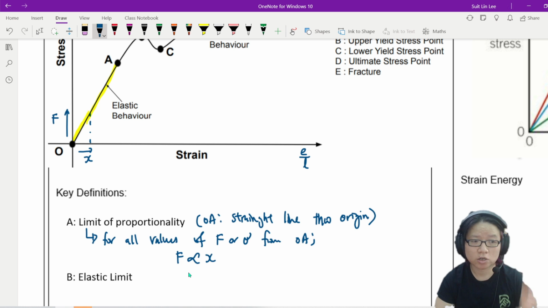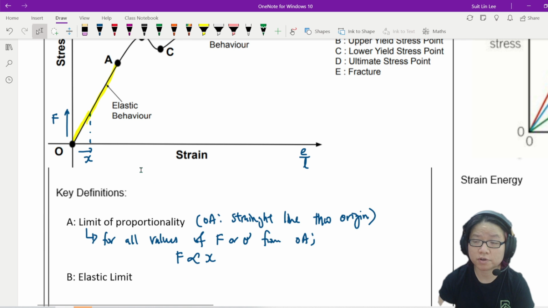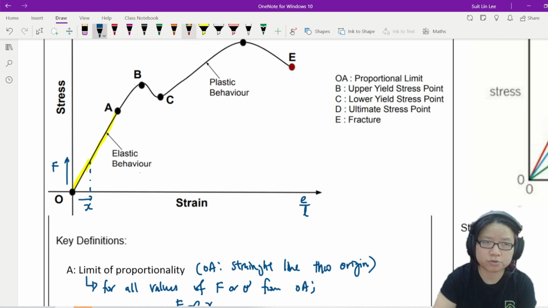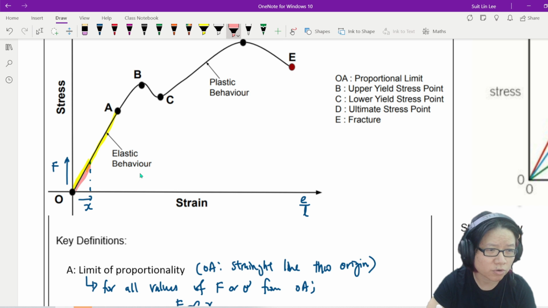And then what about the elastic limit? Because most of the time you are thinking about the elastic limit. Well, A and B are actually very close. In this drawing, it happens to be exaggerated, and you can actually say that this part, the A to B portion, is still kind of a straight line. Kind of, but not really.